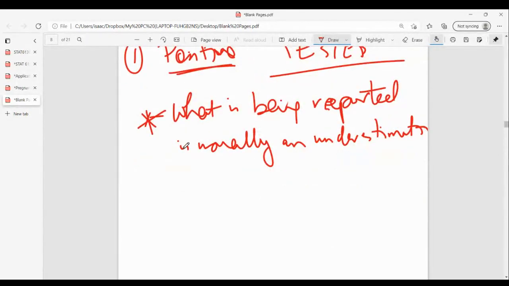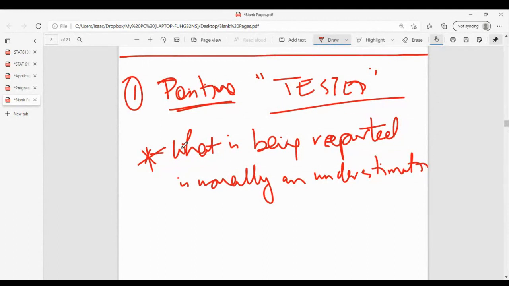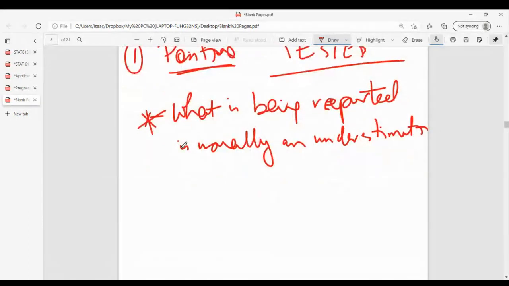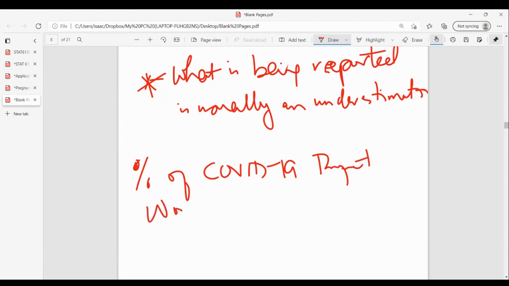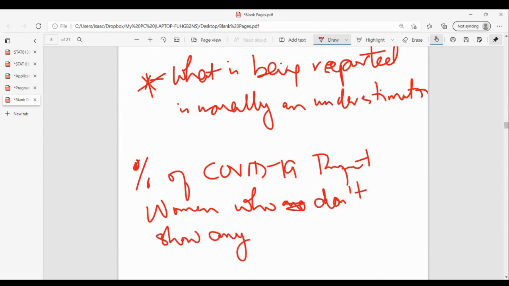Meaning that what is really important for us, I believe here, is to find some percentage of COVID-19 pregnant women who don't show any COVID-19 symptoms.